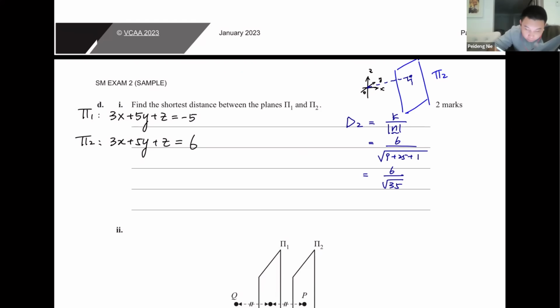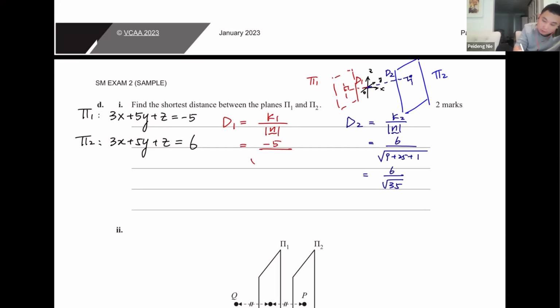And then d pi 1. This is pi 1. This is d1, okay? This is d2. So what I'm trying to say is d1 equals to k1. Actually, I should say k2, okay? k1, k2 to differentiate between them. Still, the magnitude of the normal vector, k1 is minus 5 over square root of 9 plus 25 plus 1, which is minus 5 over root 35.